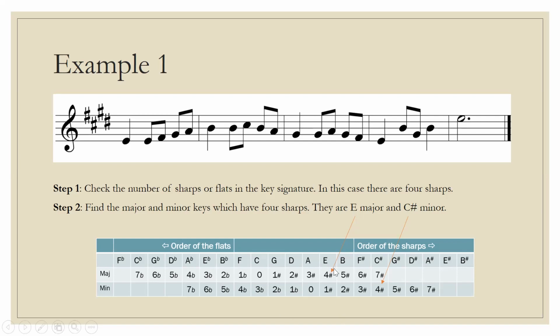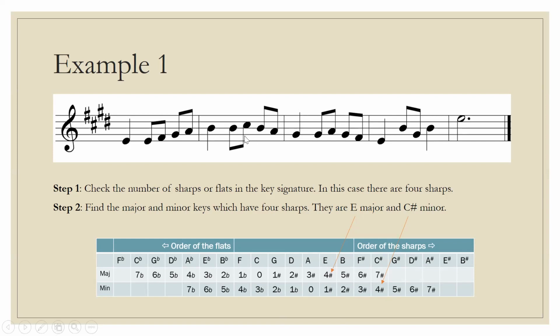If we have a look, there's 4 sharps for the major, E major has 4 sharps, and C sharp minor also has 4 sharps. So we know the major key with 4 sharps is E major, and the minor key with 4 sharps is C sharp minor.